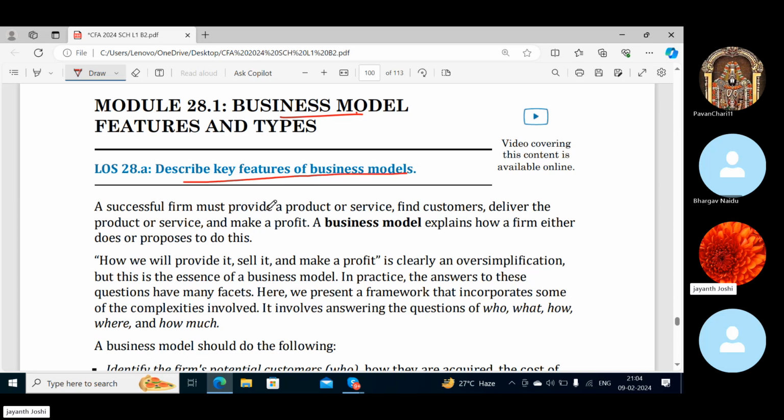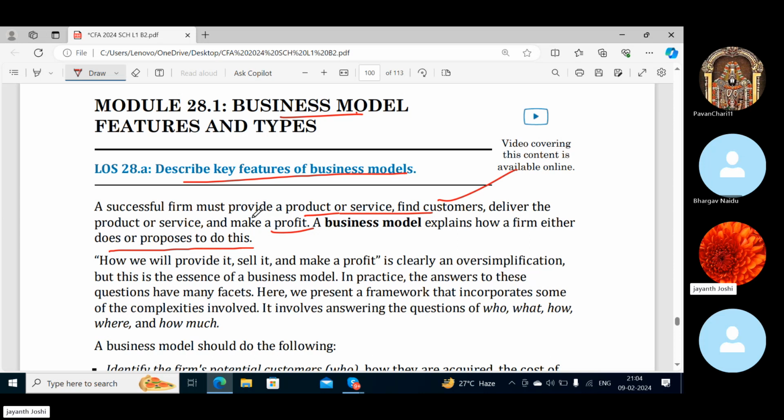A successful firm must provide a product or service, of course, find customers, deliver the product or service and make profit. A business model explains how a firm either does or proposes to do this. A company is existing with some motive.